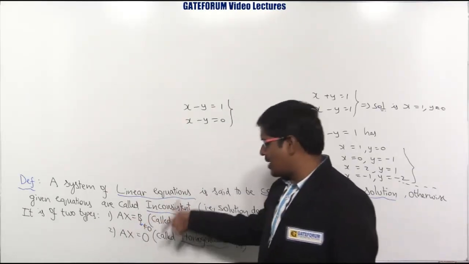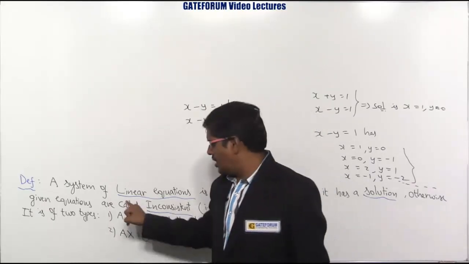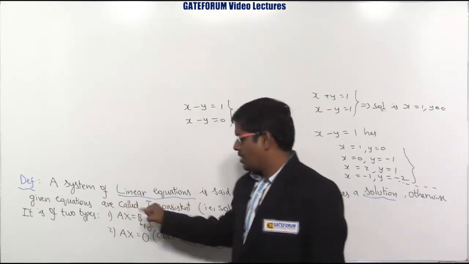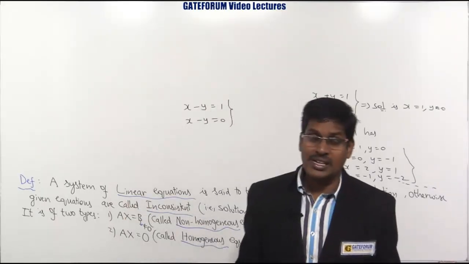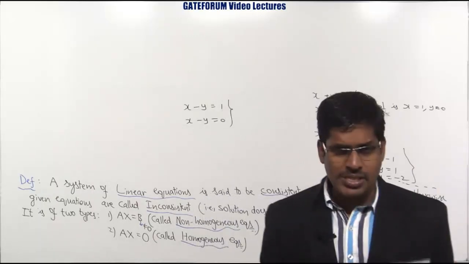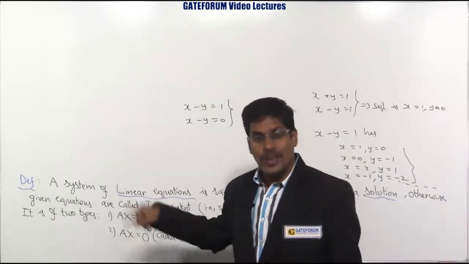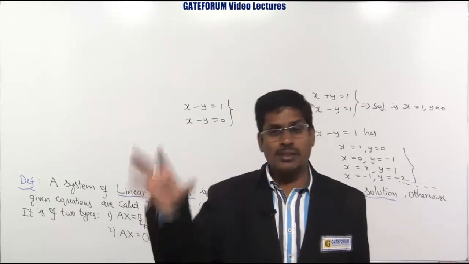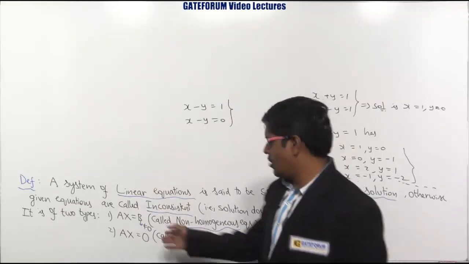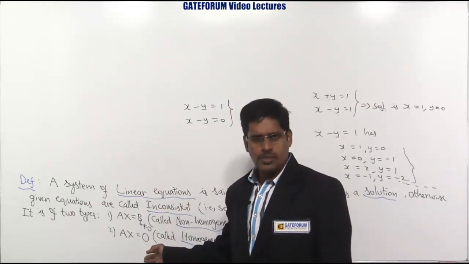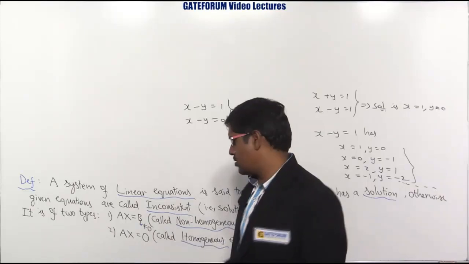So, how do you write this Ax, b? I will show you. A is called the coefficient matrix. X is called a column matrix, which contains variables or unknowns of the given equations. B is also a column matrix, which contains elements on the right hand side of the given equation. And O is a null matrix, which is exclusively a column matrix. Okay.